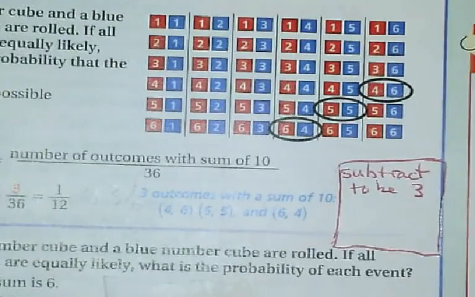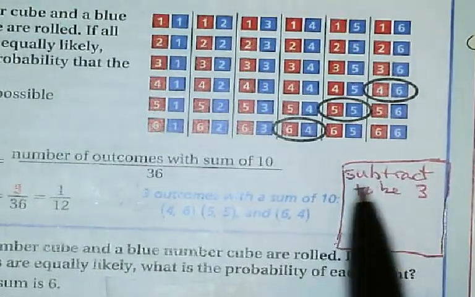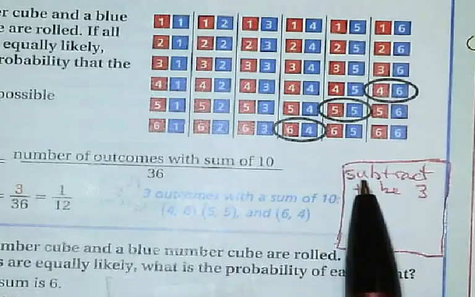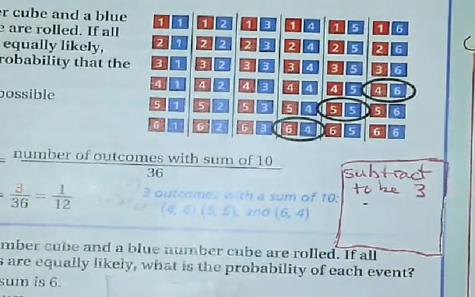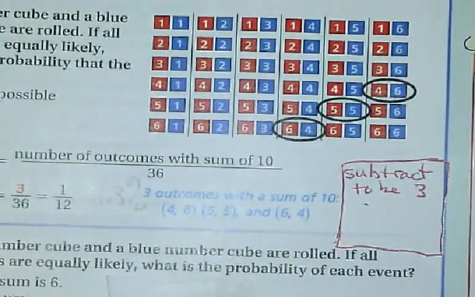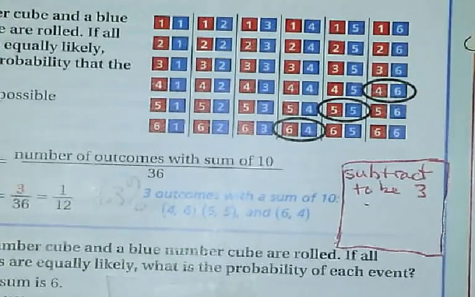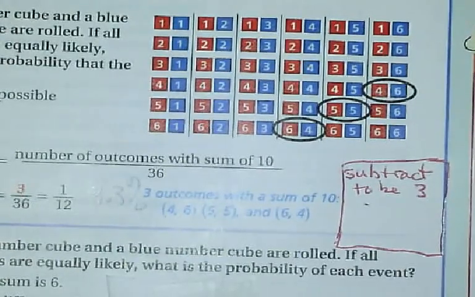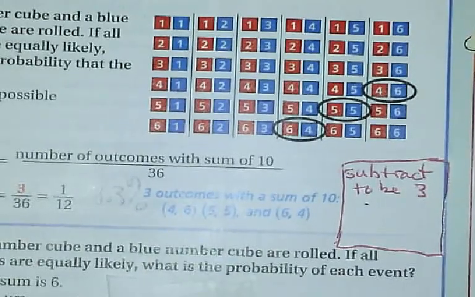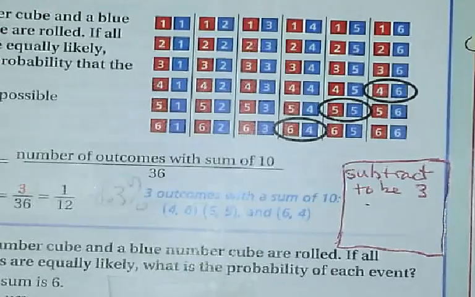And so here's my next question for you. What's the probability that it subtracts to be a 3? Well, look. Now we're trying to subtract to be a 3. So let me get something to circle with here. Let's get a color that really shows up, like green. Okay. Subtract to be a 3. So let's see. We could get 6 minus 3.